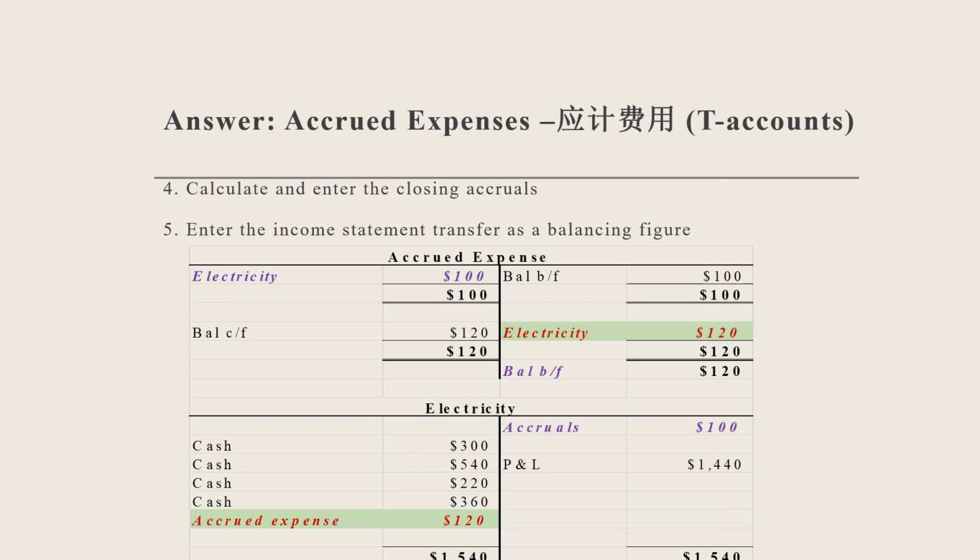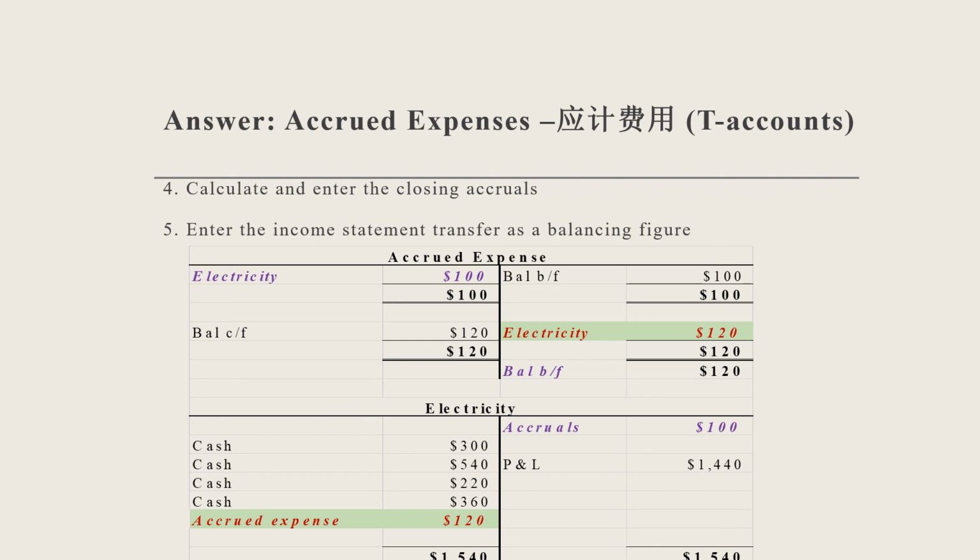Step 4. Record accrued expenses. The electricity bill for December 2019 is incurred, so the adjusting entry in December 2019 is debit electricity expenses 120, credit accrued expenses 120.